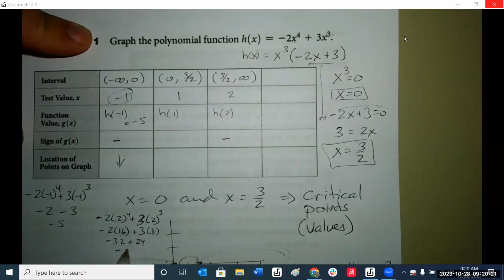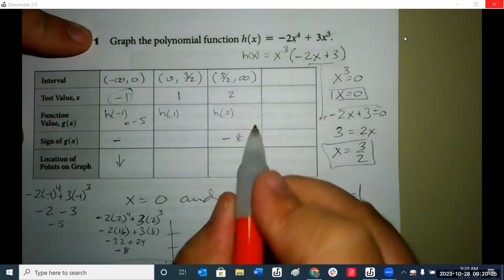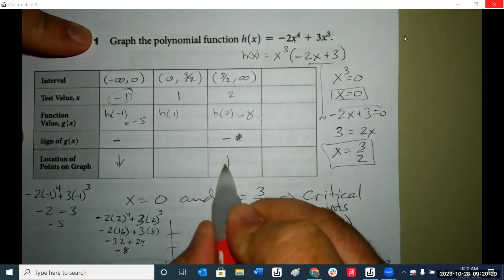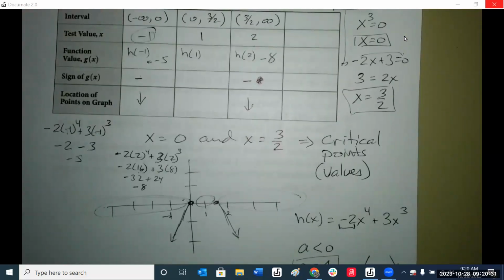It's going to be -8. So it's going to be below the x-axis. We knew that already.